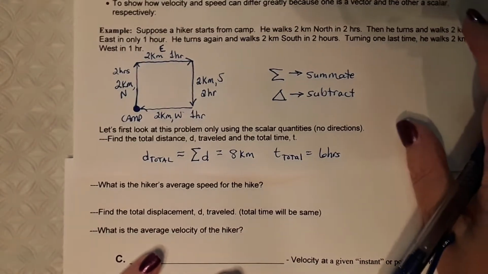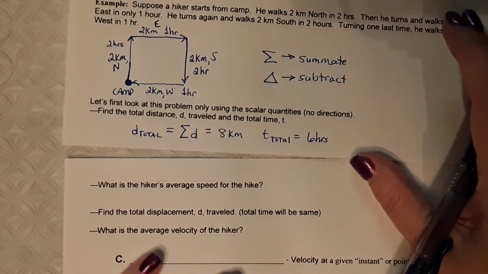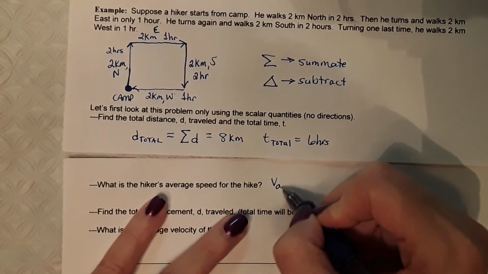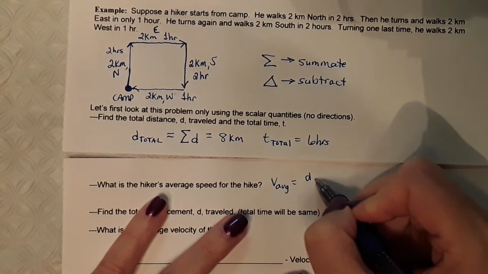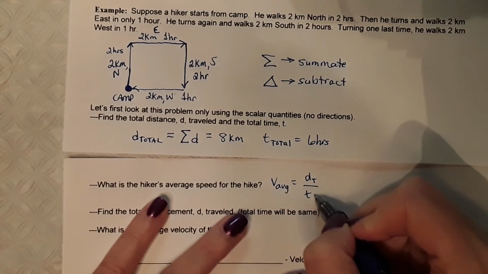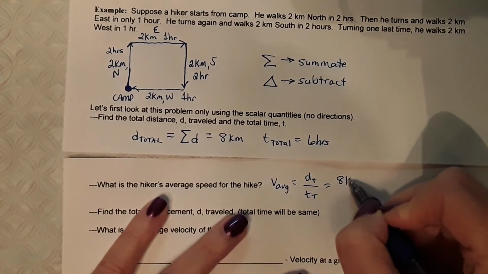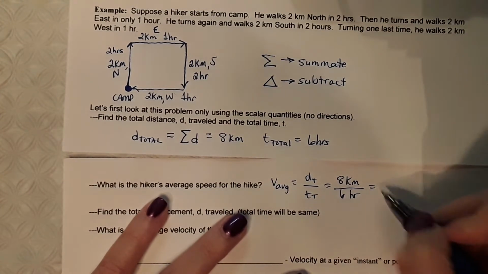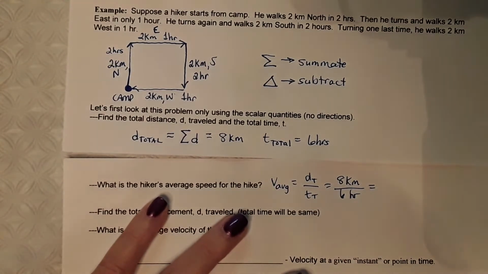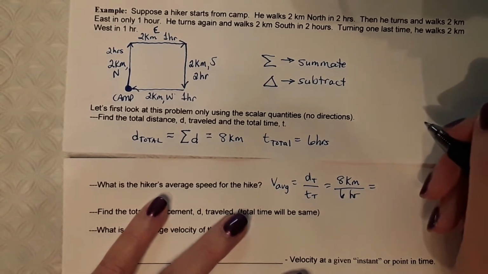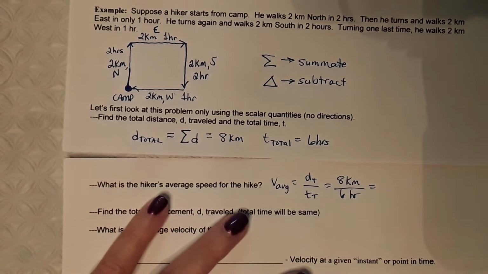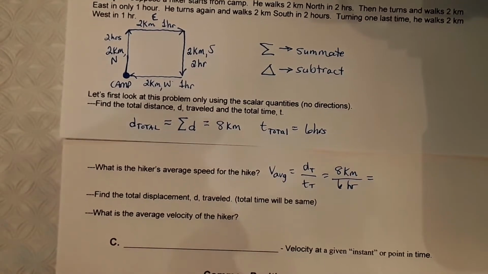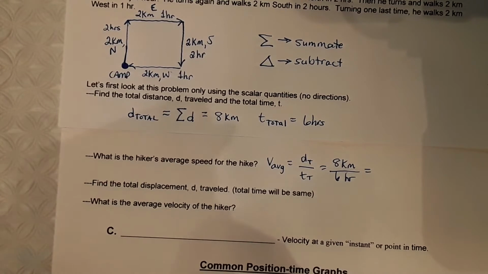So now we want to determine the hiker's average speed for the hike. Average speed is found by taking the total distance and dividing it by the total time. So that's going to be 8 kilometers over 6 hours. Let me just make sure I write it down correctly for you all.